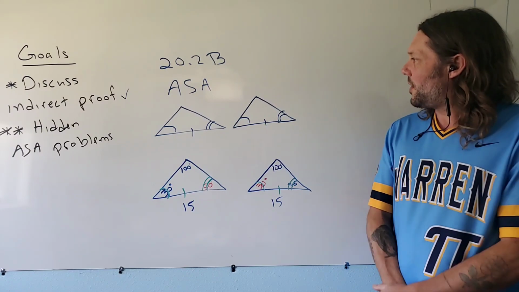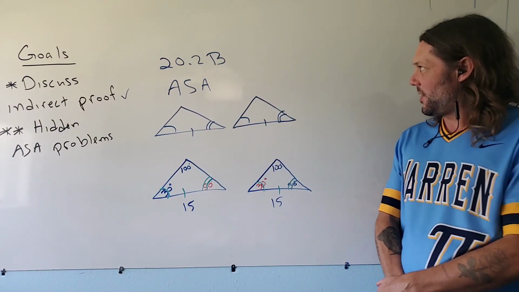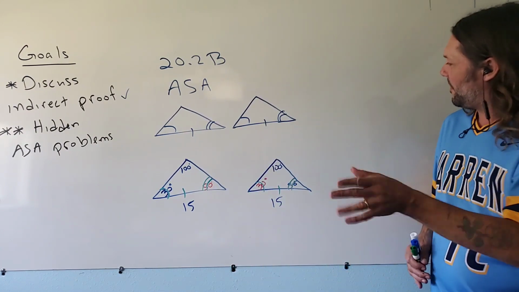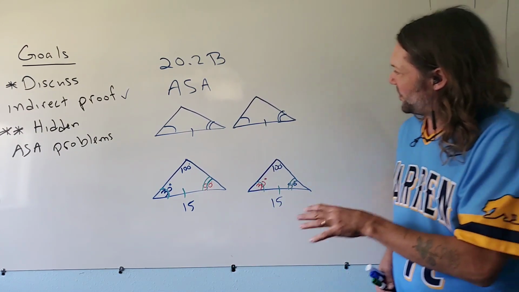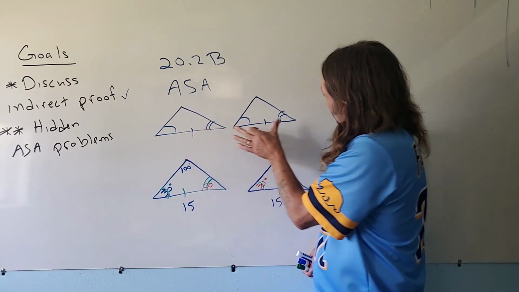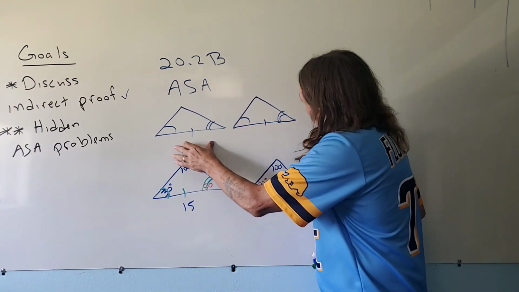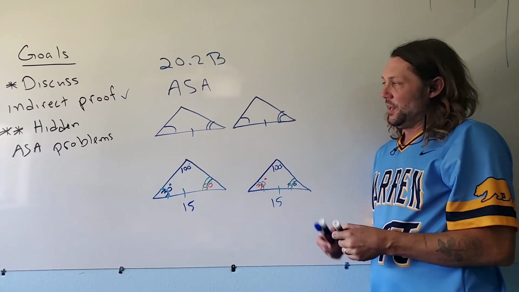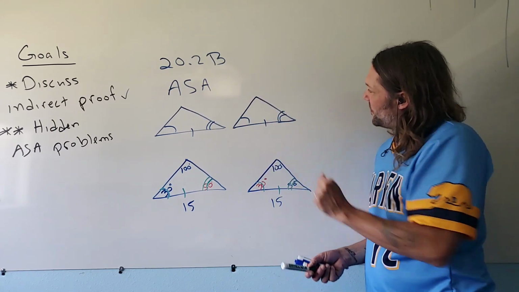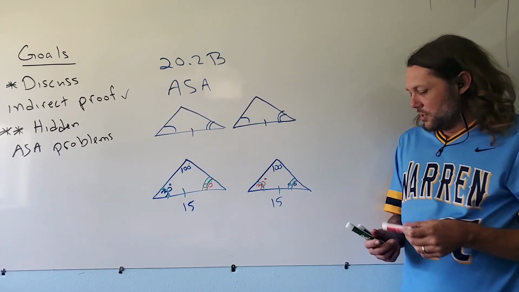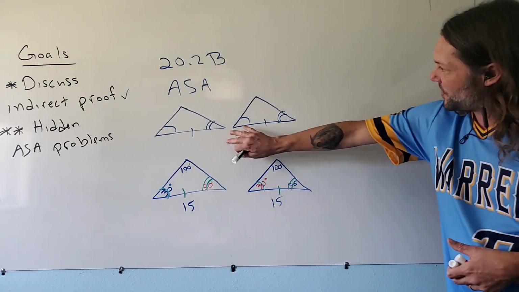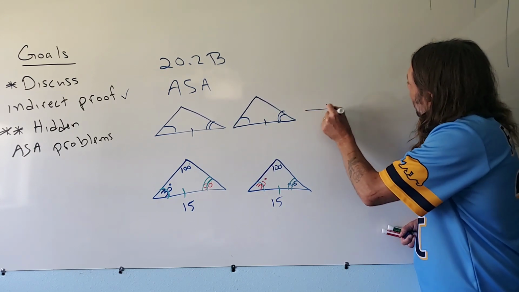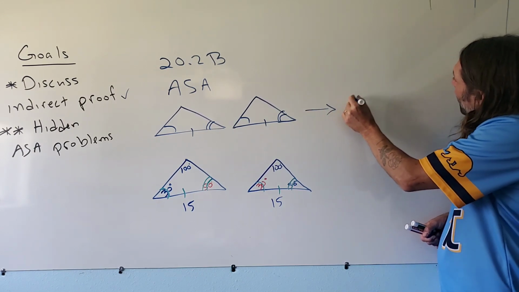Okay. Now there's also another variation of angle side angle, and it looks like this. So let me say this. If these two angles are the same as these two angles, and three angles in a triangle add up to 180, it forces this third set of angles to be congruent. So I could take this idea and I could just say the following.